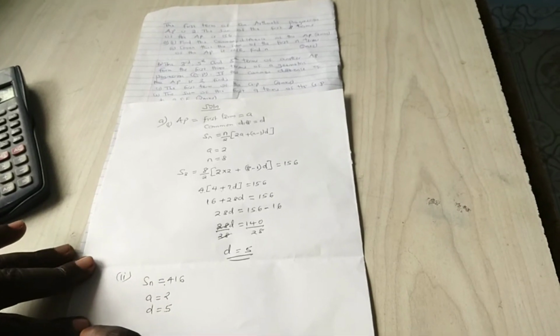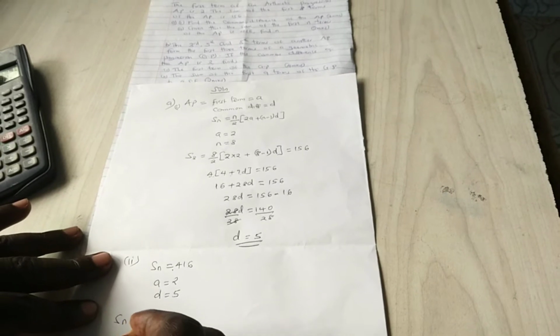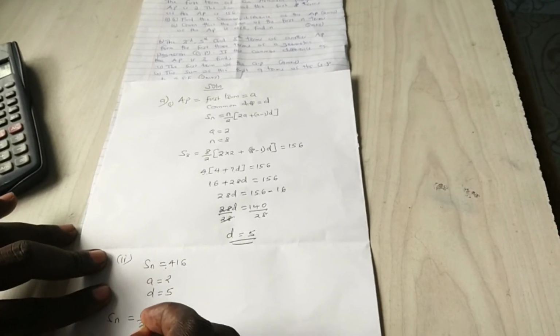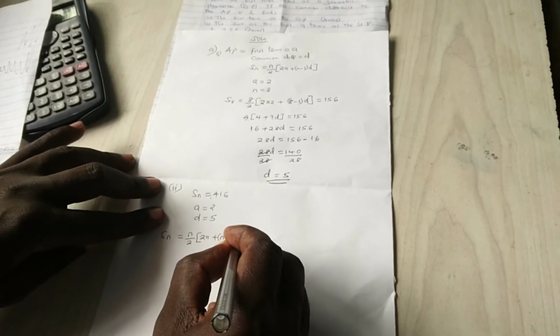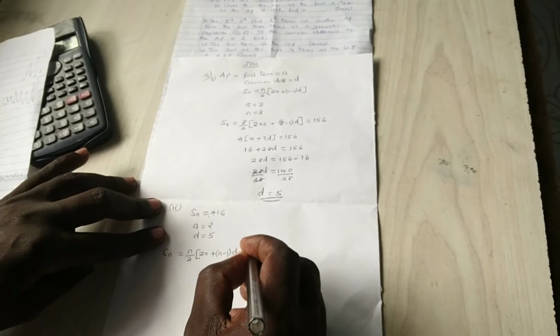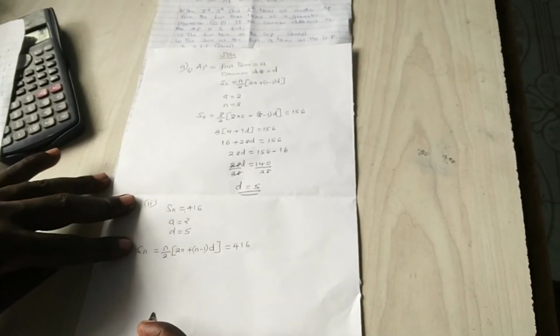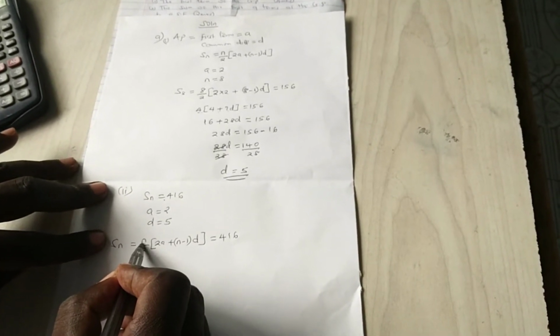So the sum of n terms will be equal to n over 2 into 2a plus n minus 1, we multiply by d, and this is going to give us 416. From here we know the value of n is not given, and that is what we are looking for.